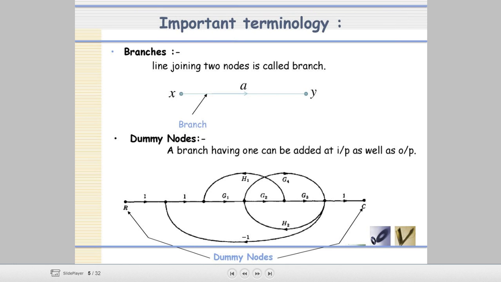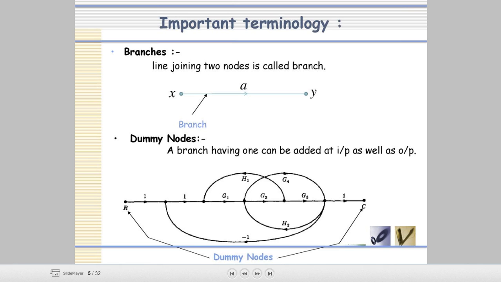Branches, important terminologies we will discuss. Branch: a line joining two nodes is called a branch. This x is a node, y is a node, and this is a gain. So this line joining two nodes is nothing but a branch. I hope you have understood this.